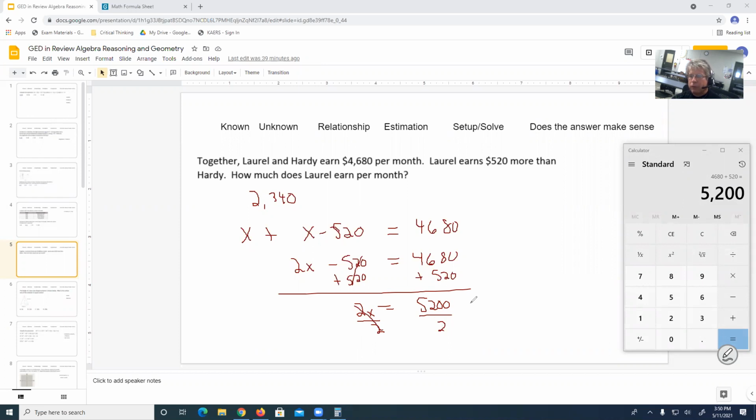So the math boils down to taking half of 5,200. If I divide that by 2, that gives me 2,600. So 2,600 would be the answer to that problem.